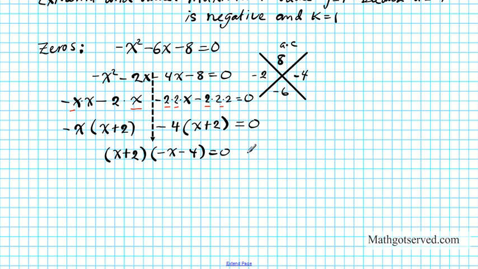Now we're going to set both factors to 0 using the zero product property to find our zeros. So we have x plus 2 equals 0, or negative x minus 4 equals 0. If I solve the first one, I'll subtract 2 from both sides. x equals negative 2 is my first zero. This one involves 2 steps. I'll add 4. Negative x equals 4.